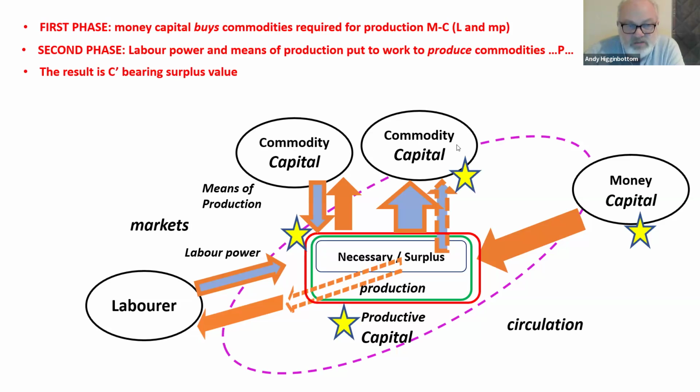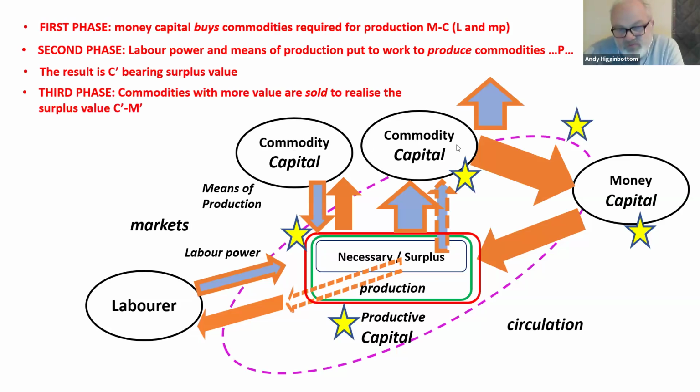This is the C1. And then, of course, to realize that surplus value and the value overall, the commodities have to be sold. So you've got a return to the marketplace, but this time the capitalist is acting as a seller. And when the commodities are sold, you're back to money capital at the end.